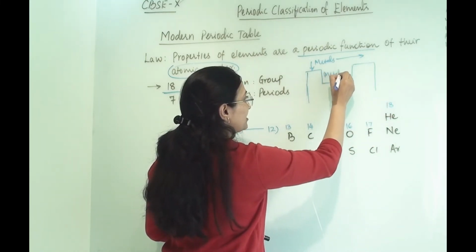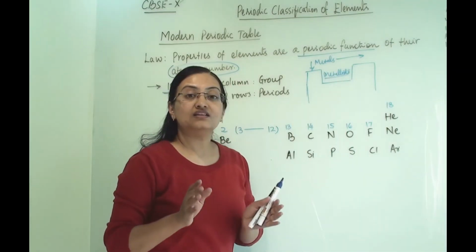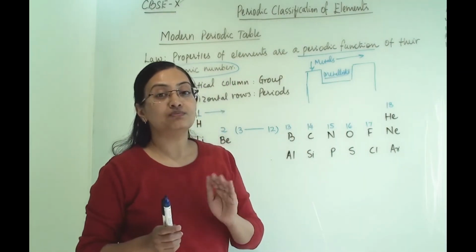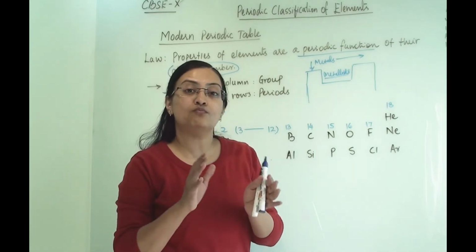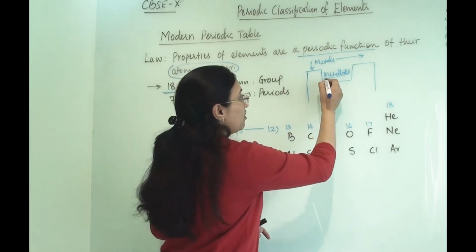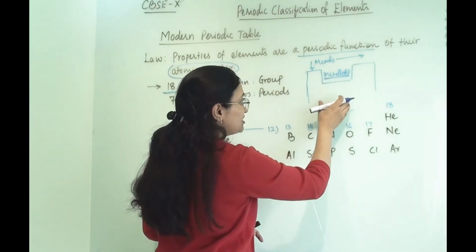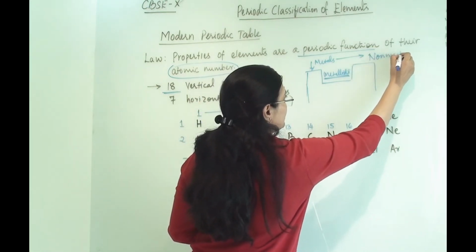What are metalloids? Metalloids are the elements which show properties similar to those of both metals and non-metals. So they have mixed properties of metal and non-metal. Those elements are placed in between, and here are all the non-metals.